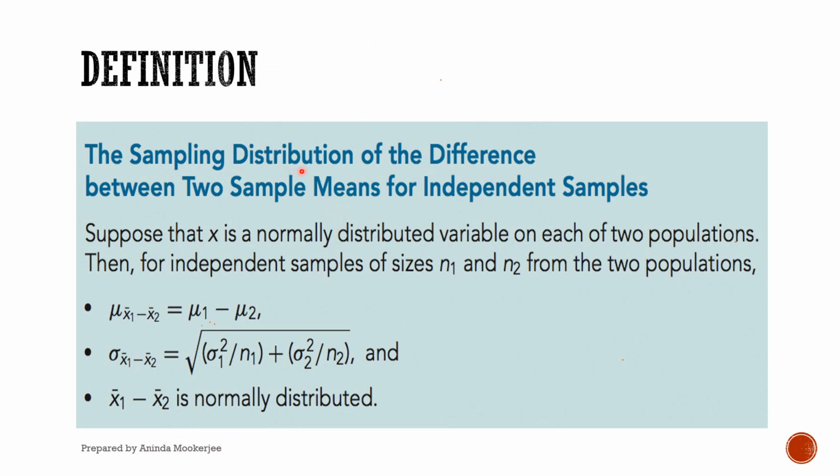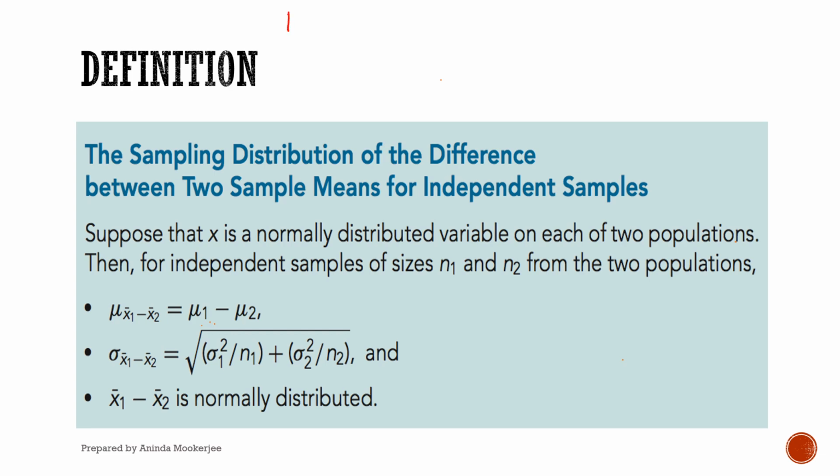Now we will study the sampling distribution of the difference between two sample means for all possible independent samples out there. Before we do any study, we have to consider the sampling distribution. When we were studying one population mean, we had to do the same thing. Let me review that for you.